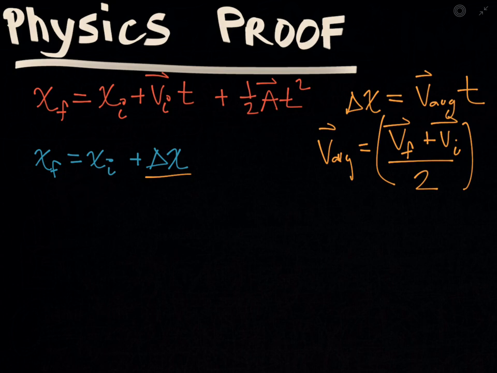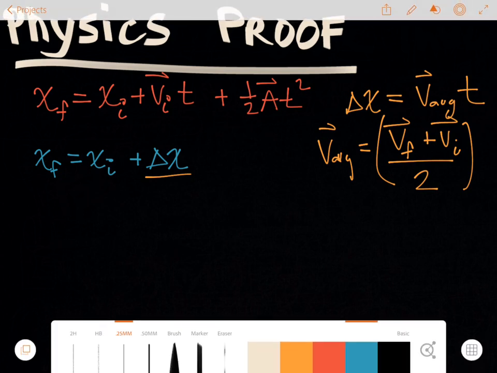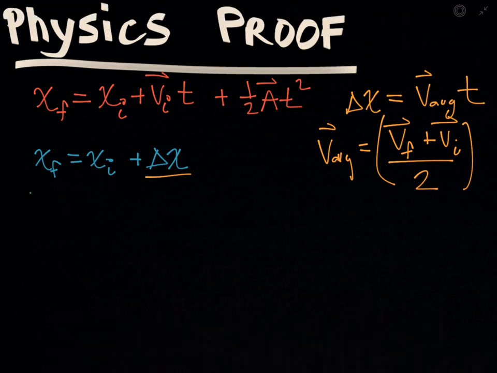Great, so if we substitute this back into our blue, we can say that the final position is equal to x initial plus the delta x, which is here. We're going to use this for average velocity times time.